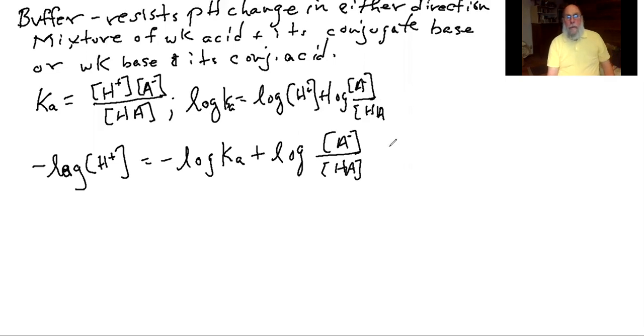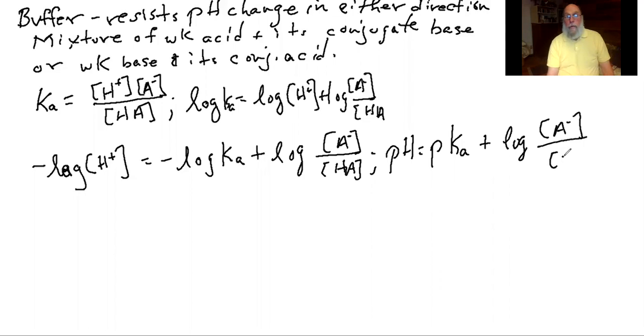Now, what is the negative log of hydrogen ion concentration? That's nothing but the pH. And the negative log of Ka is the pKa. And then we put in the log term of the base form over the undissociated acid form.